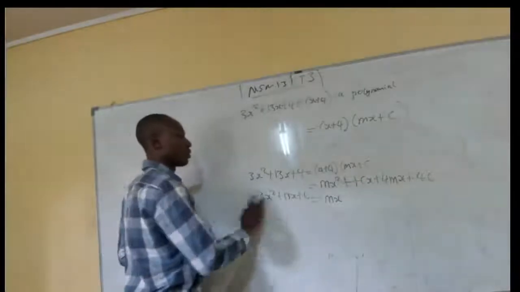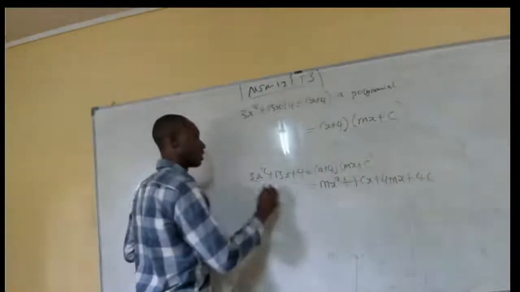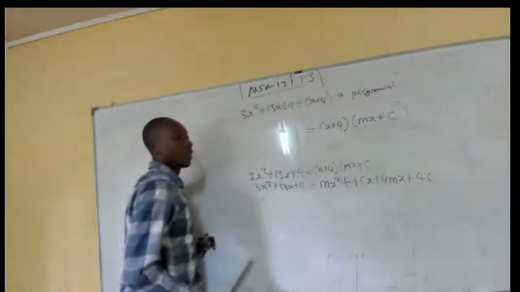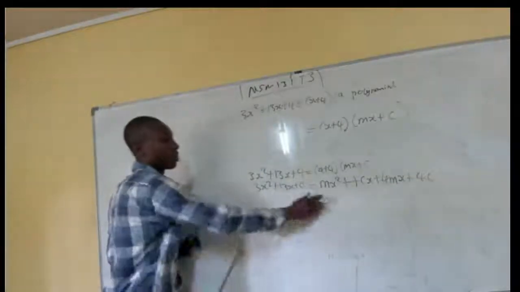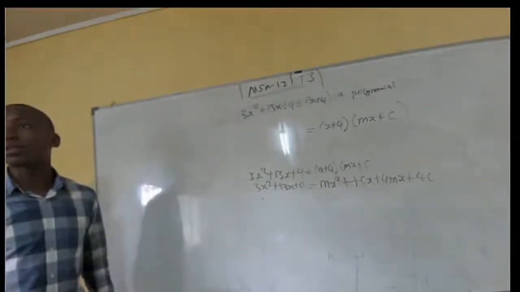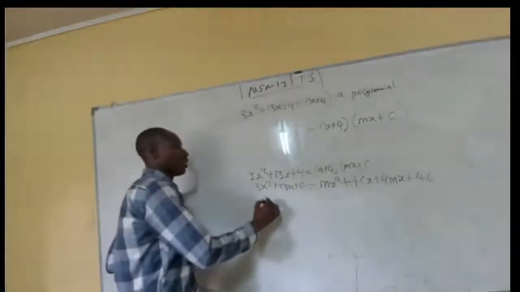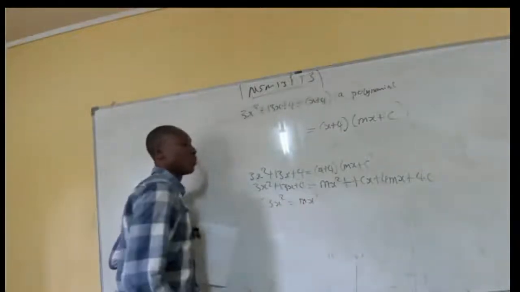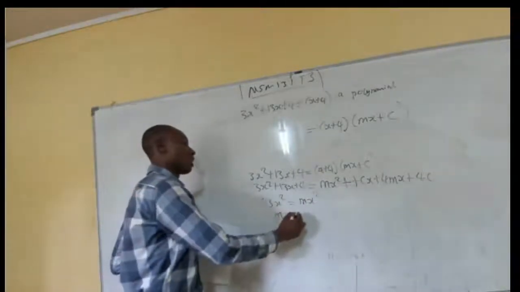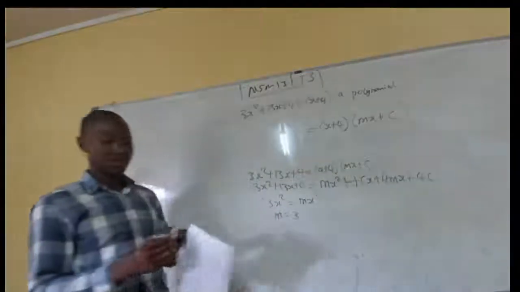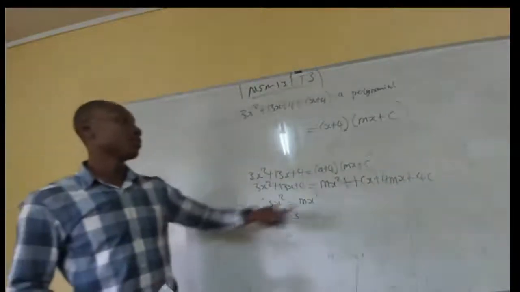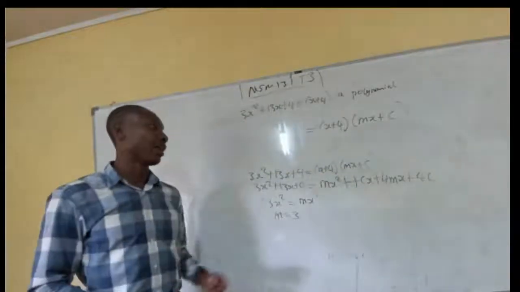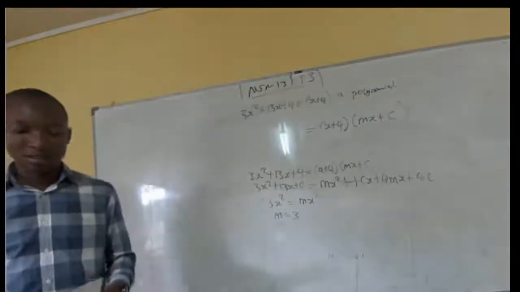Let's write it properly. If you compare these two, what's the coefficient of x squared? You notice that 3x squared is equal to mx squared. So what is m? m is 3. Meaning the coefficient of x in this unknown polynomial is m, and m is 3. Alright, so that's your answer.